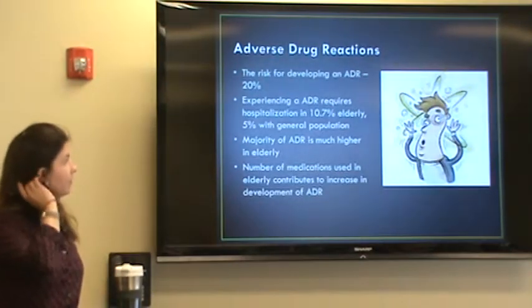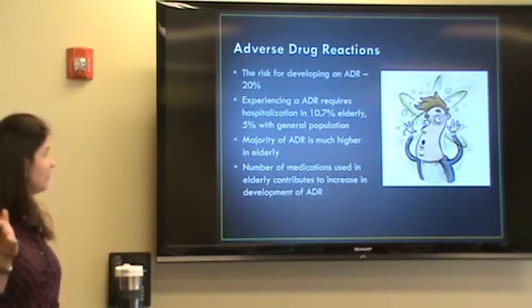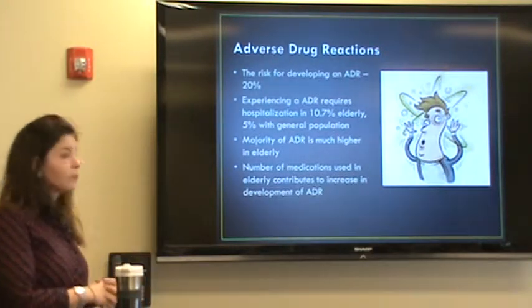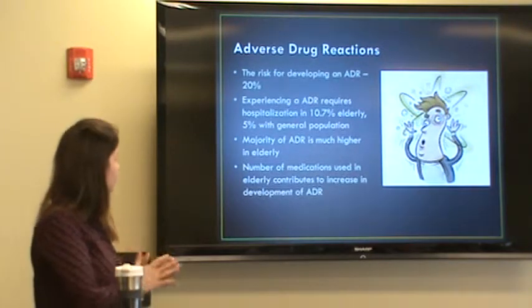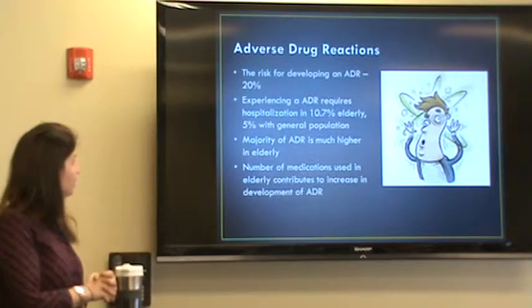Next, I just wanted to talk briefly about adverse drug reactions. The risk for any person taking a medication to develop an ADR, adverse drug reaction, is 20%, but it's pretty high, right? Like taking aspirin, developing an adverse drug reaction. So it's higher in elderly patients.